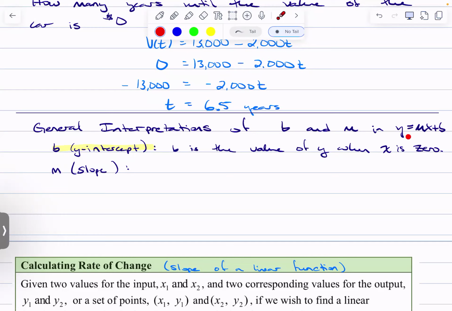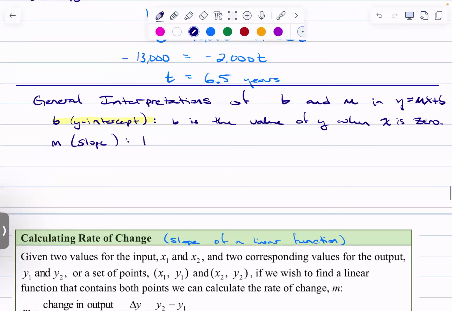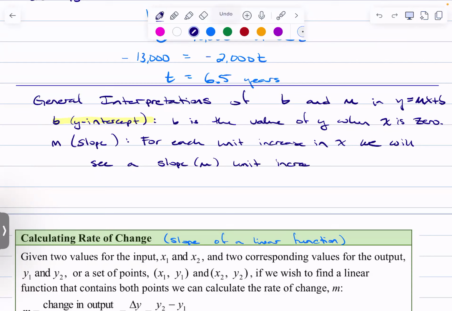In y. Okay. And so we get for each unit increase in x, we will see a slope, which is your m, unit increase in y.